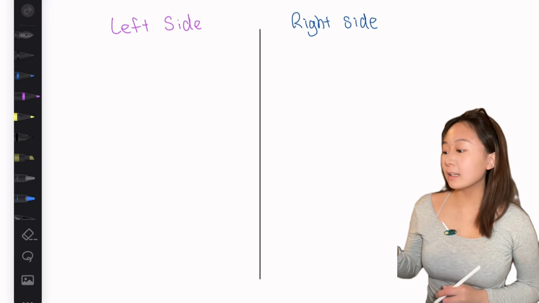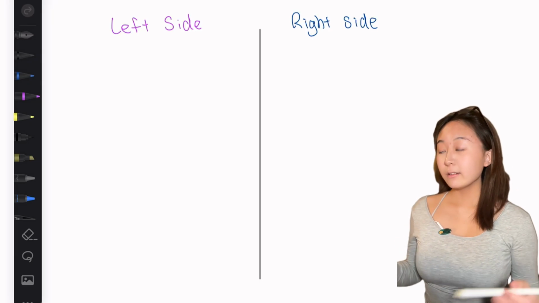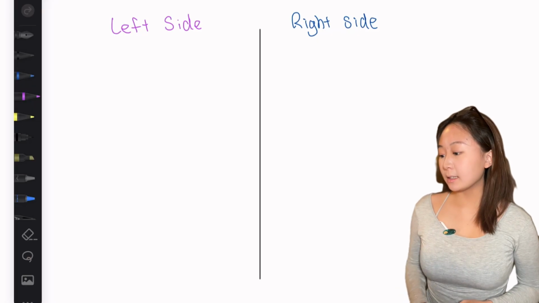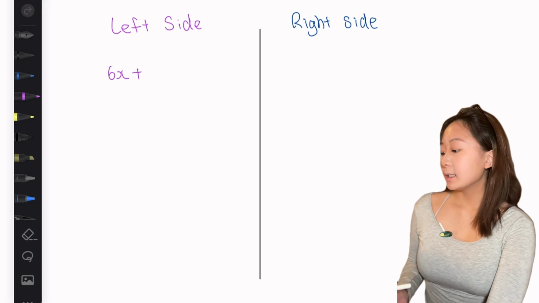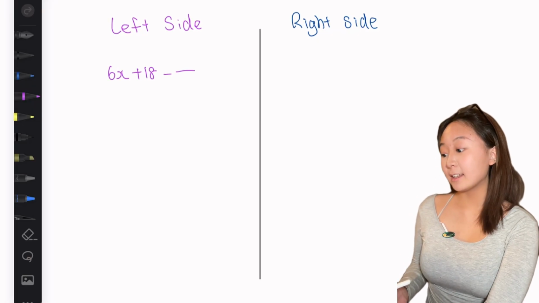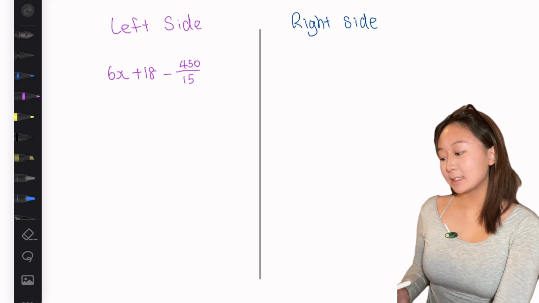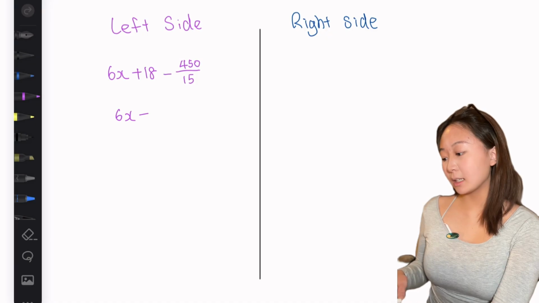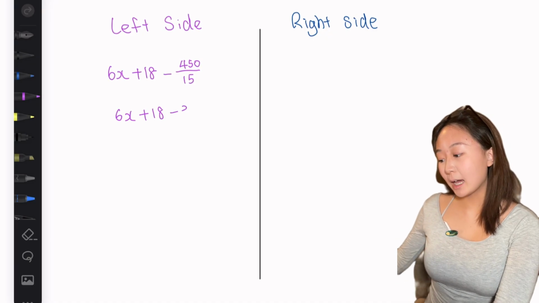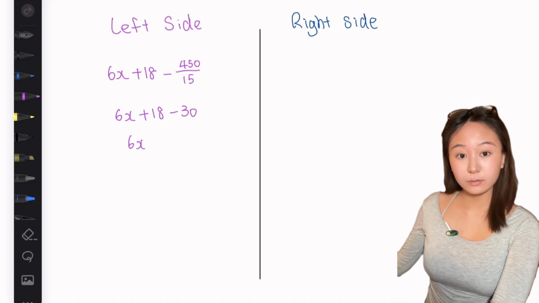So let's look at the left side first. If c equals 450 and d equals 6, then we get 6x plus 18 minus 450 over 15. And then we get 6x plus 18 minus 30, and then 6x minus 12.